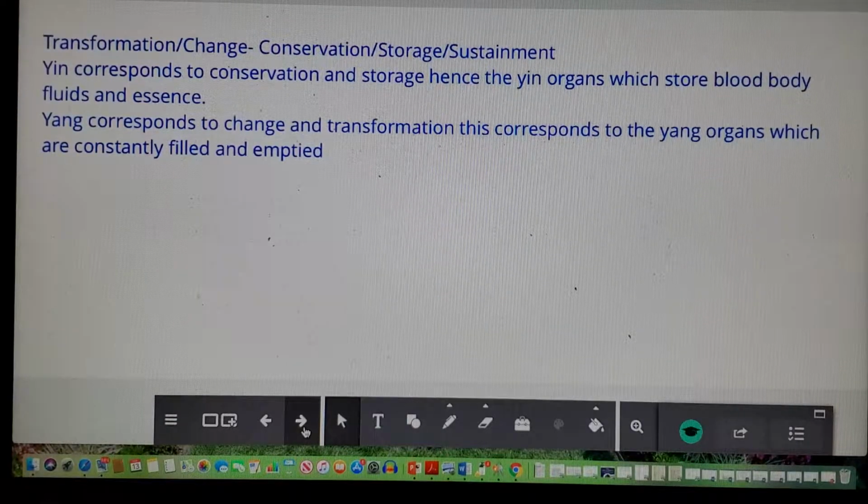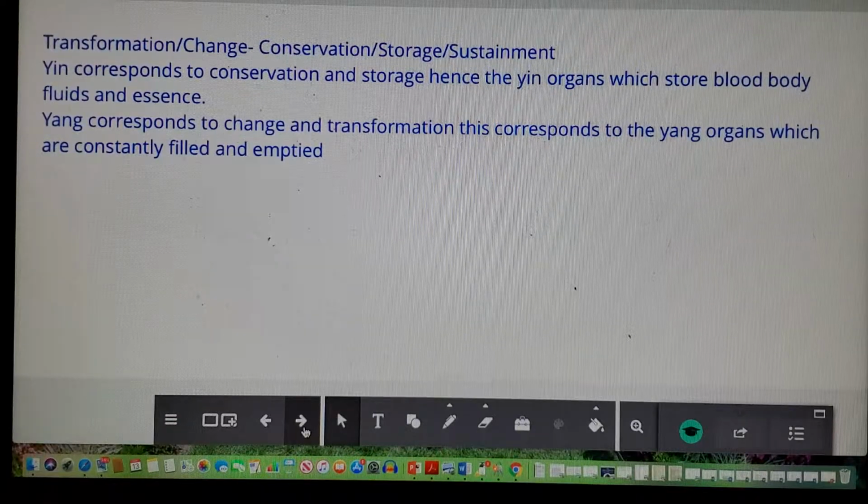Okay. So yin corresponds to conservation and storage. Hence, the yin organs store blood and body fluids. Yang is change and transformation, like the stomach or the small intestine. The small intestine is yang compared to the stomach, which is yin. The stomach holds and moves things, but the small intestine transforms the food into essence.